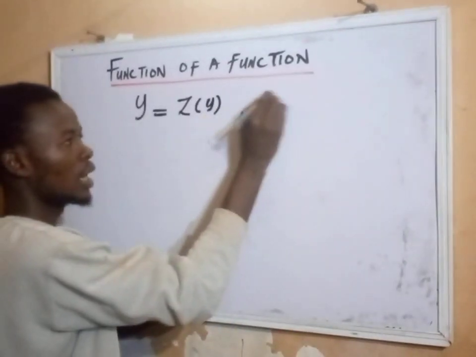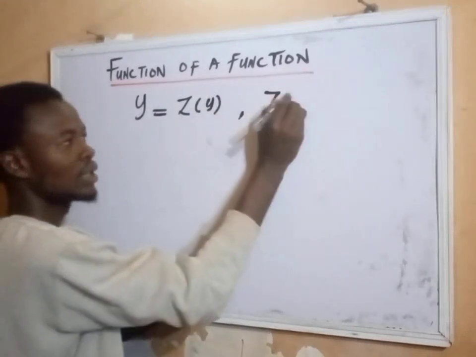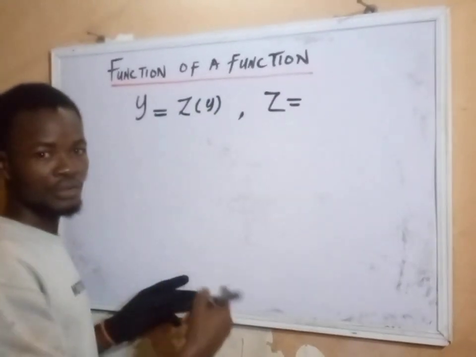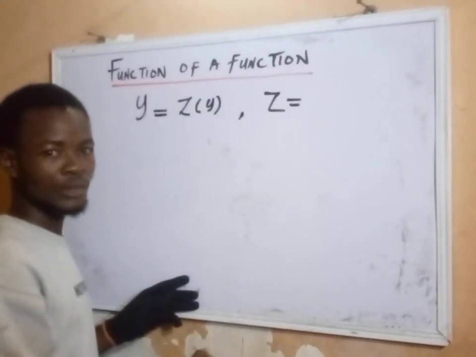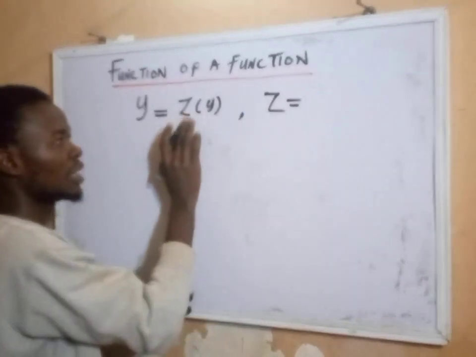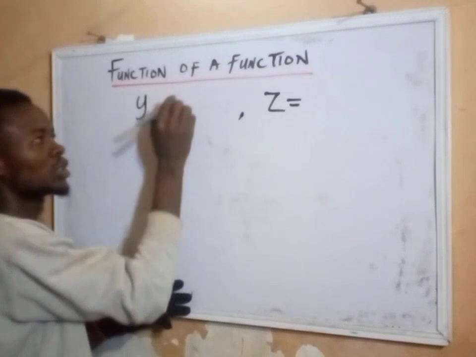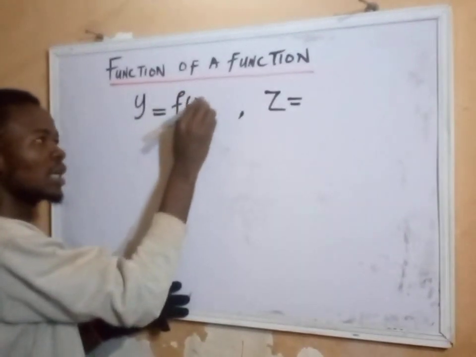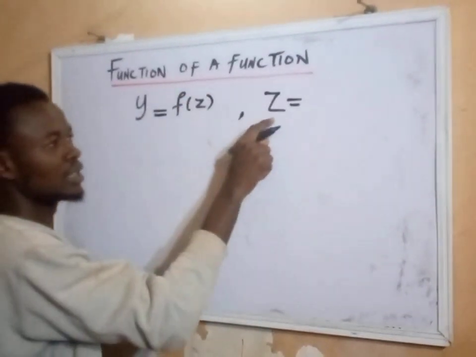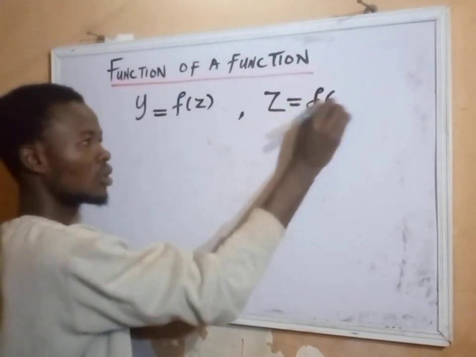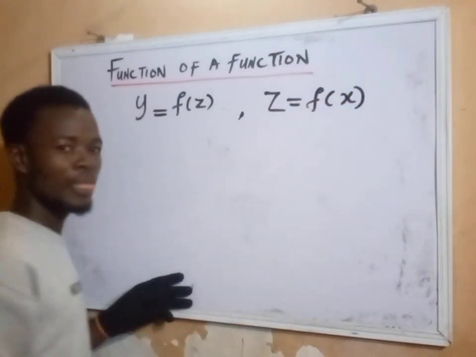So let me define this z as a function of x. Let's say f of z, and we still have z which is a function of x.